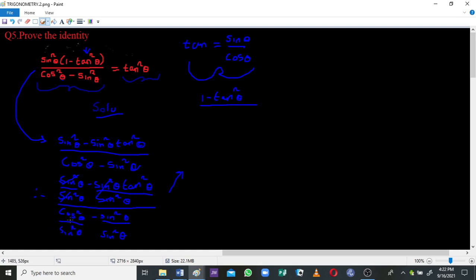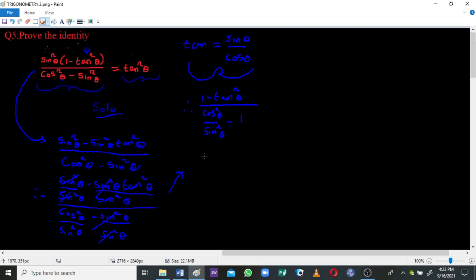We have cos squared theta over sin squared theta, right? Now minus, we cancel sin squared theta and sin squared theta, and we have 1, right? Okay, so this is what we have.